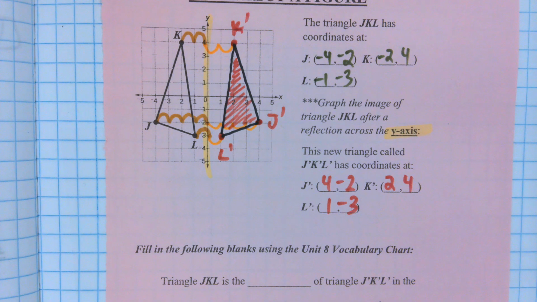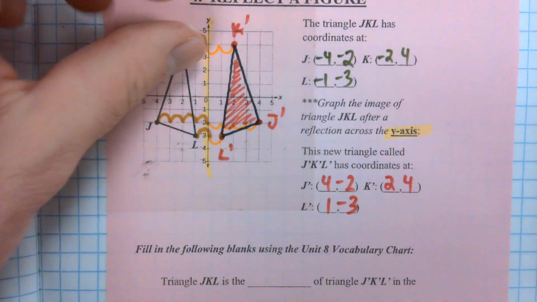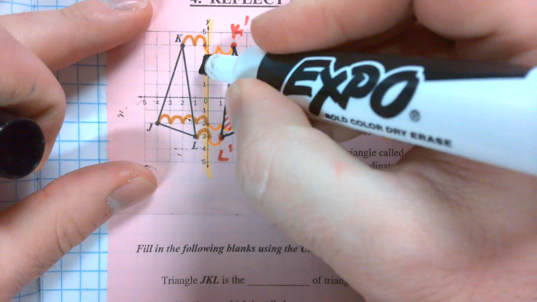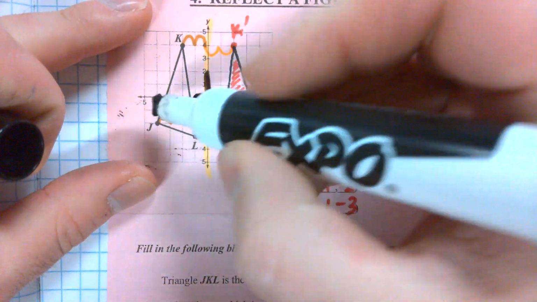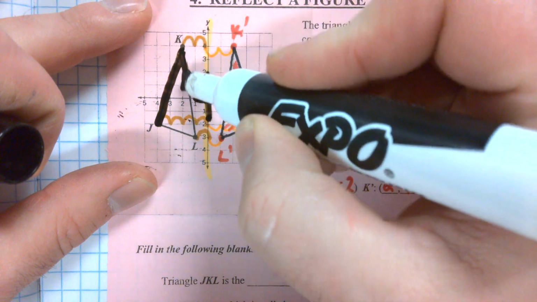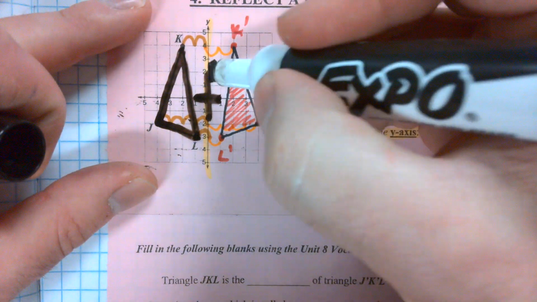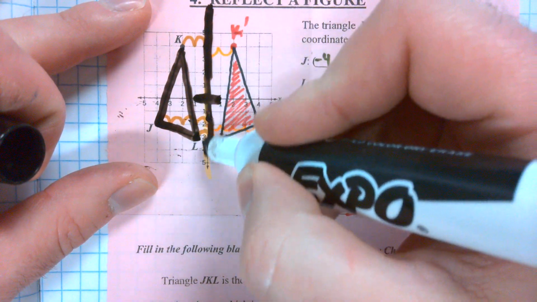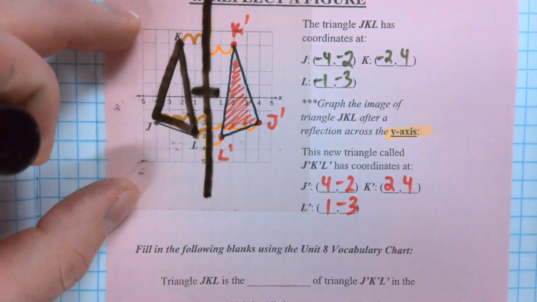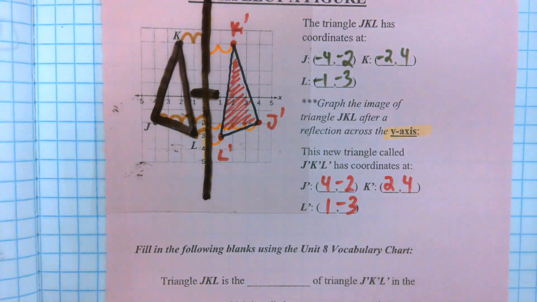And hopefully we can again see how this image has been mirrored or flipped across that line. There's my original triangle.